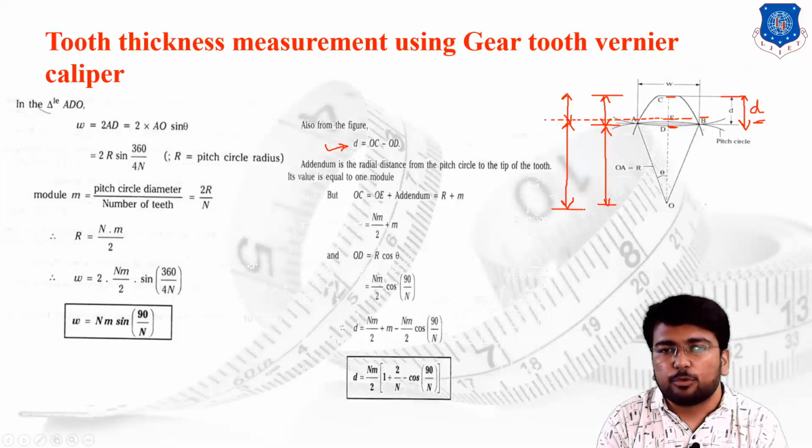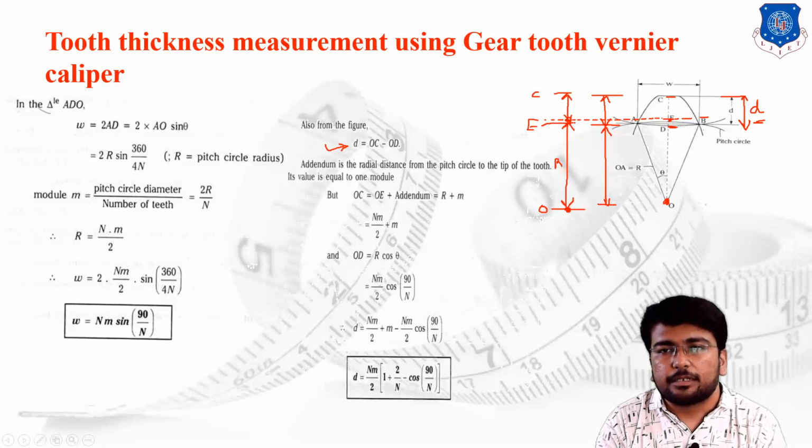This point is the center of the gear, and this is the point on the circumference of the gear, the point E. So I can write OC as OE plus EC, where OE is known as the radius R, because this is the center of the gear and point E is on the circumference.